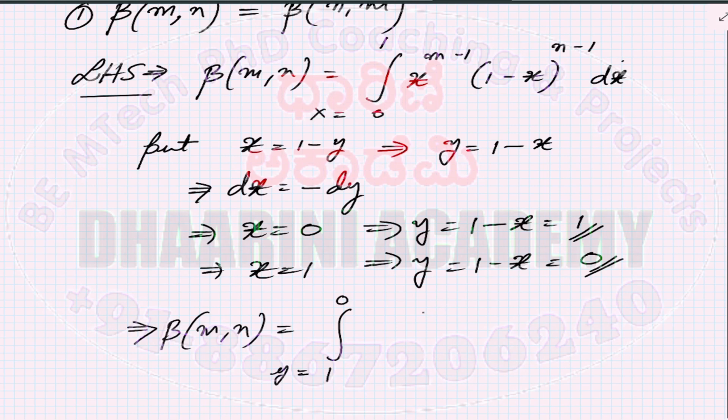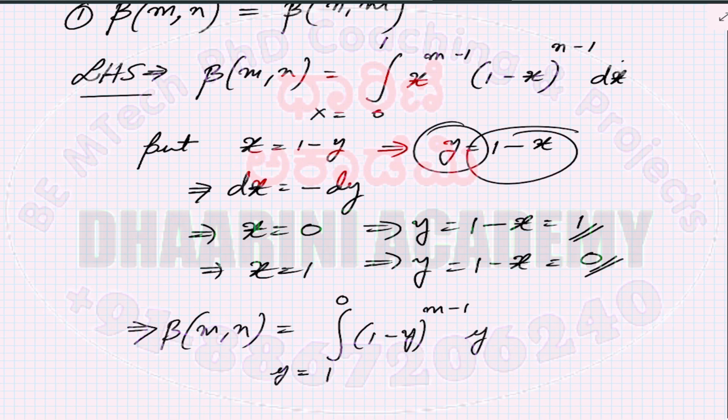This is 1 minus y to the power m minus 1, into, wherever I see a 1 minus x, I should replace it with y. So the second term in the equation becomes y. m and n are not changing, it's still the same. So this is y to the power n minus 1, into dx, which is nothing but minus dy.